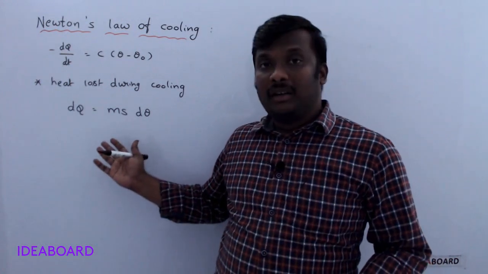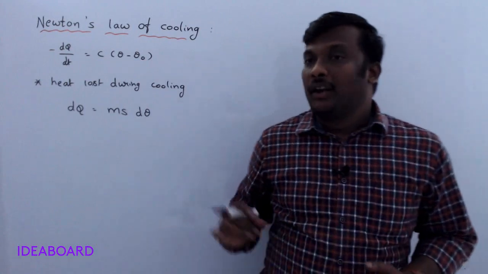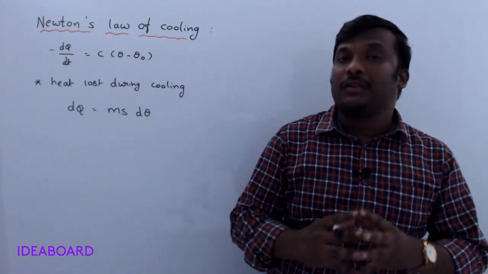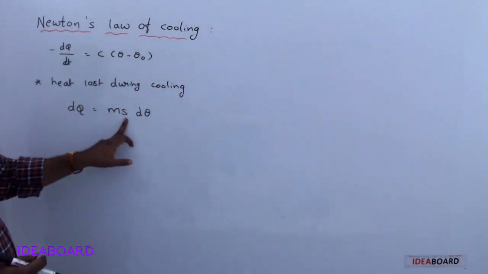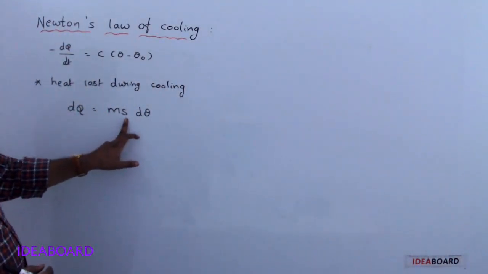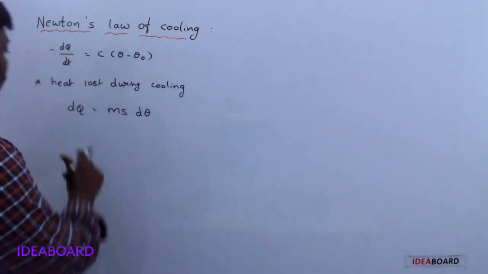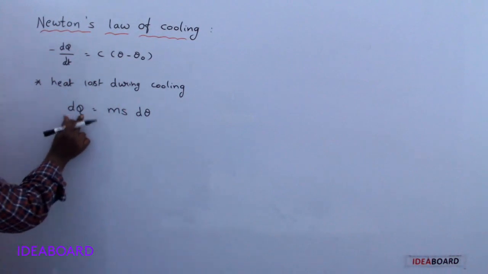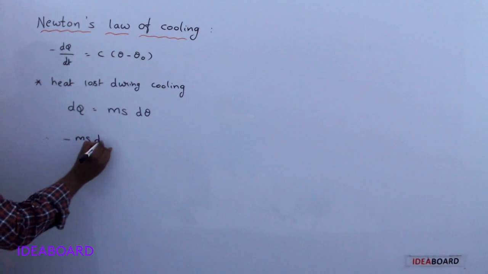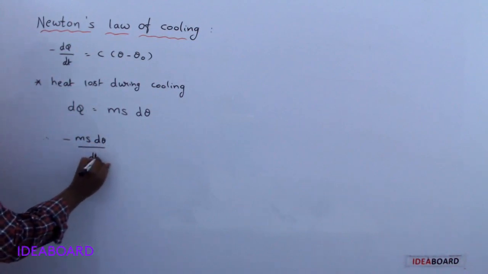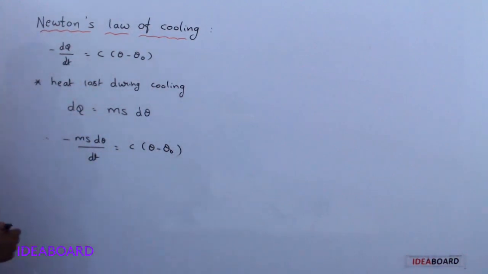From the definition of specific heat or the principle of calorimetry, we know the formula for heat lost during cooling is dQ equal to m s d theta. Here s is the specific heat of the body, d theta is the temperature difference. Now if you substitute this value of dQ in this equation, then minus m s d theta by dt is equal to c into theta minus theta naught.